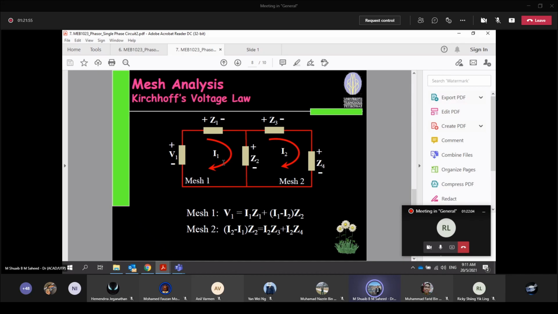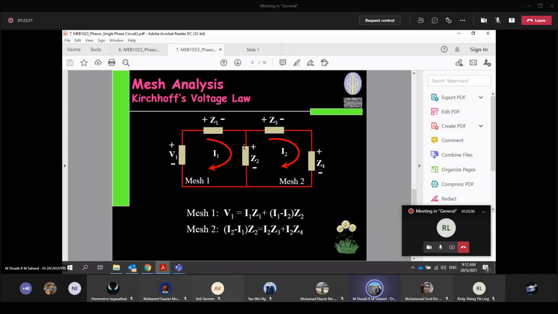To make your life easier, start with the impedance. You make just one nice loop going over to your Z1. The first point that it enters will be the positive. So it will be I1 Z1, and then you move to your Z2 impedance.